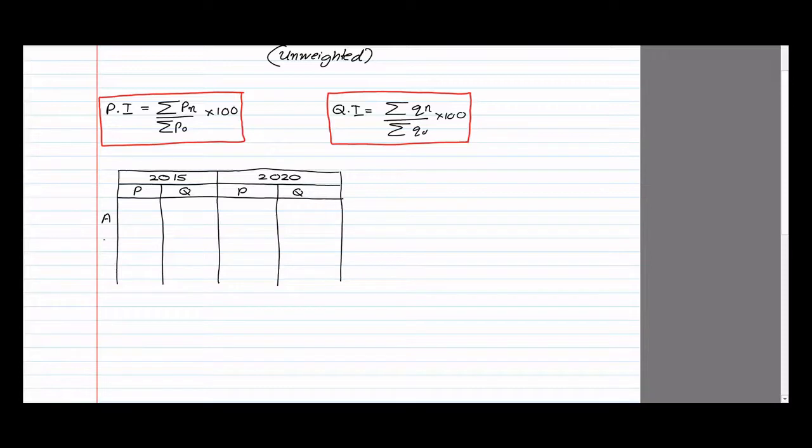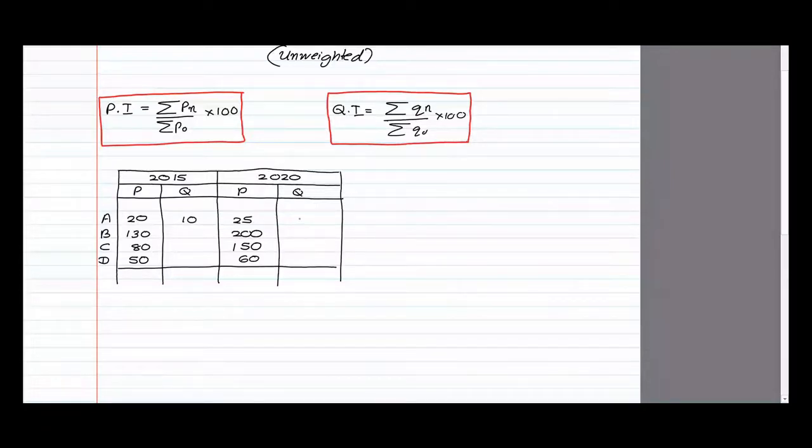Items, let's say A, B, C, D. We have 4 items. For item A, the price in 2015 is, let's say, 20 rupees. In 2020, it's 25 rupees. For B, let's say 130 rupees, 200 rupees. Then 80 rupees, 150 rupees, then 50, 60.